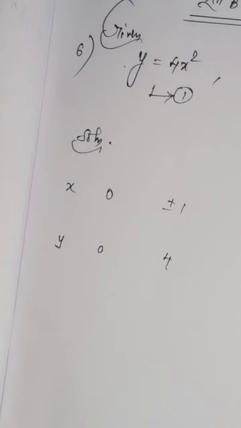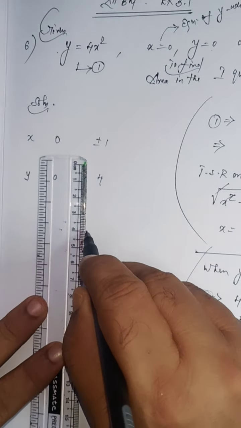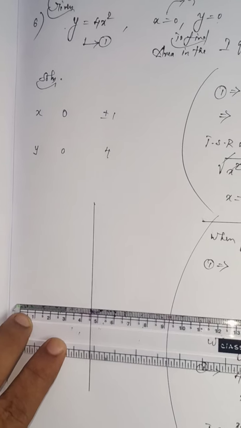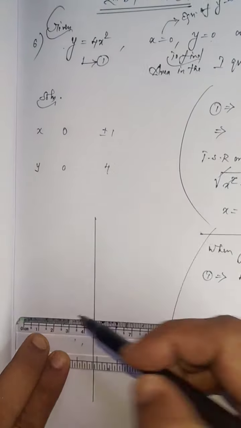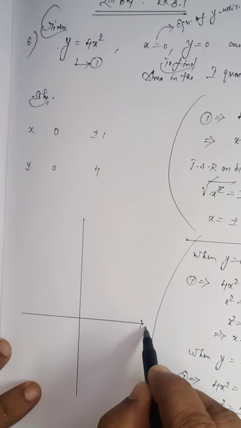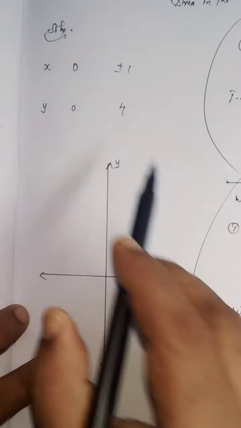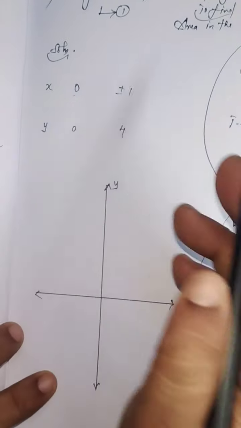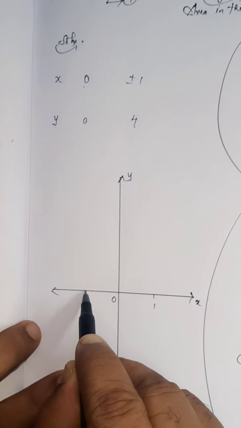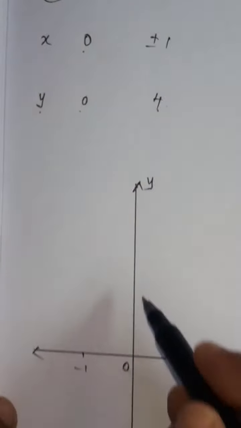Now we can trace the curve. X axis, y axis. We have 0 and plus or minus 1 for x. 0, I take 1 over here, minus 1. For y, 0 and 4 only.